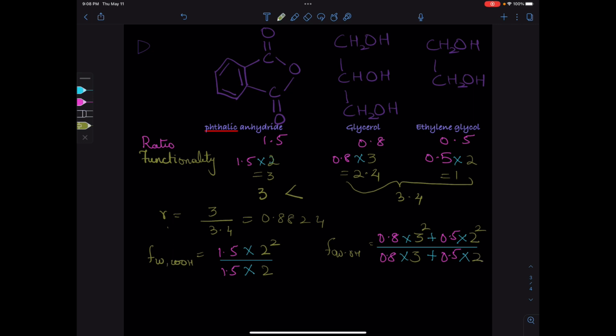So if we do the calculation, for carboxylic group, we get the weighted average is 2, and for the hydroxy group, the weighted average is 2.706.